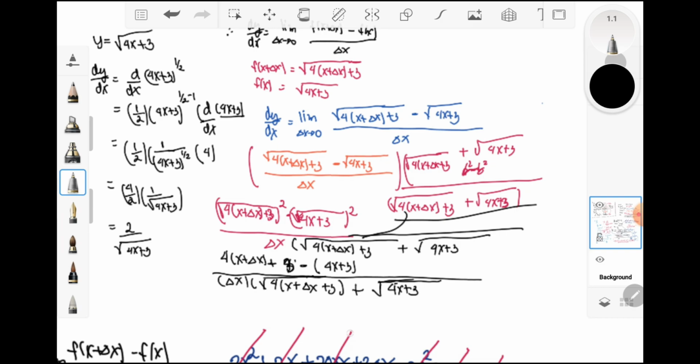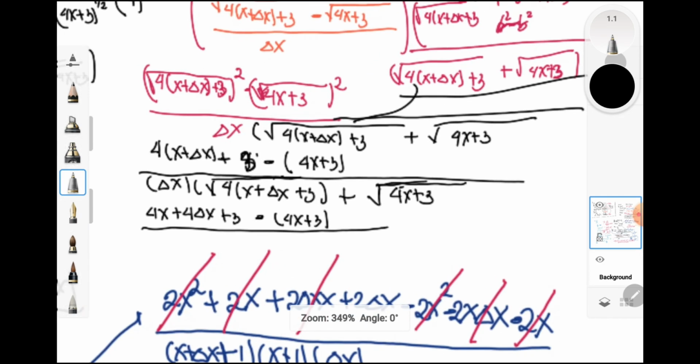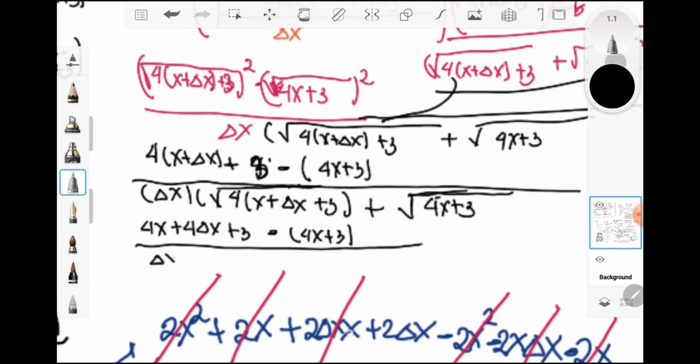It's a bit long already. So from this we'll have 4x plus 4 delta x plus 3 minus 4x minus 3 all over our denominator, which is delta x multiplied by the square root of 4 multiplied by (x plus delta x) plus 3 plus the square root of 4x plus 3.